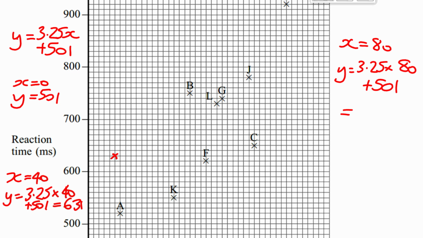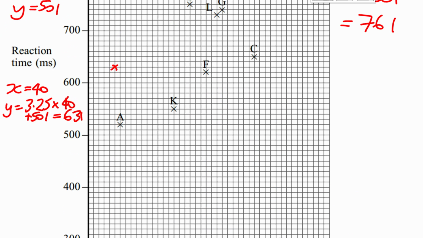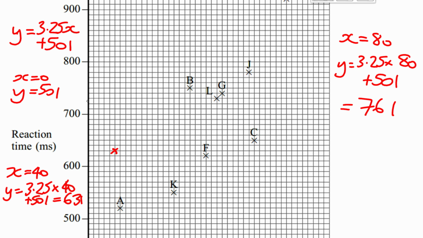That gives us 761. So that's our right hand column here, 80, and we come up to 761, coming across here, so that's going to be our second point.